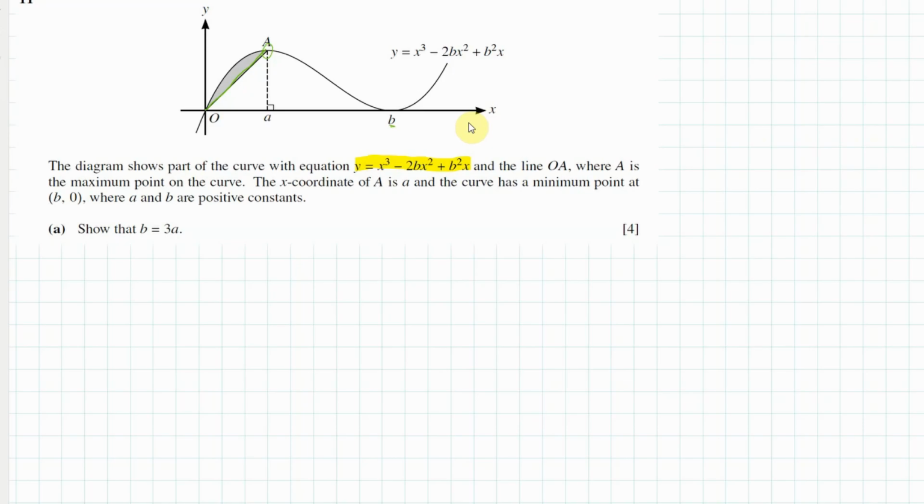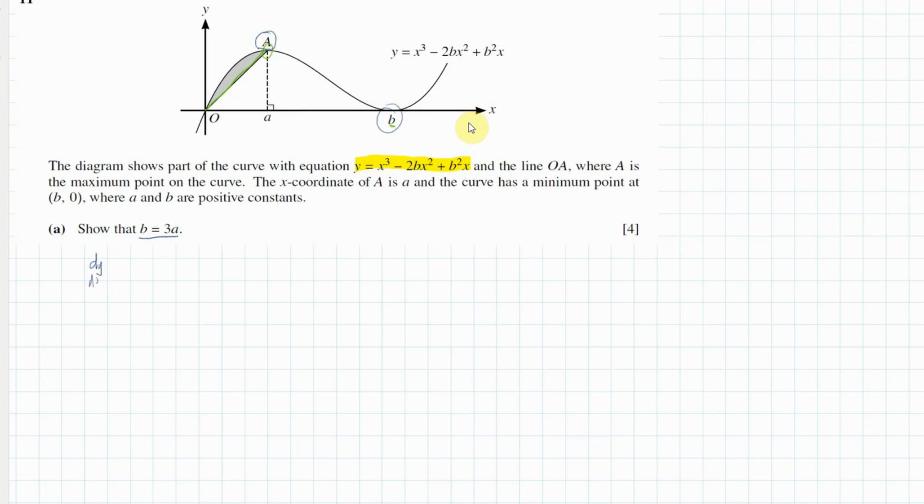Now, to do this, I'm going to differentiate the function to find the gradient function, because both A and B are turning points, so I know that the gradient there is 0, and I'm having to show something about b, so I'm pretty sure I'm going to need the gradient function.